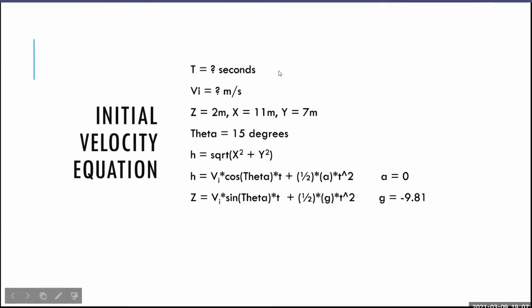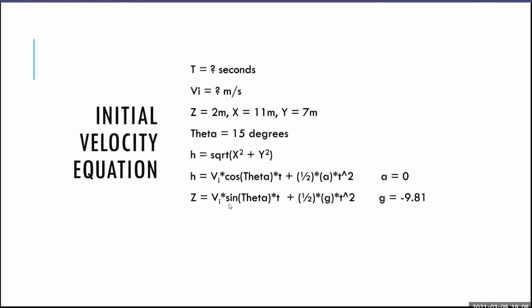So we have two unknowns, time and initial velocity. And then we have our knowns of distance in the Z, X, and Y direction. We have our angle of degrees upward off the XY axis. We have the value of H from the XY distances.